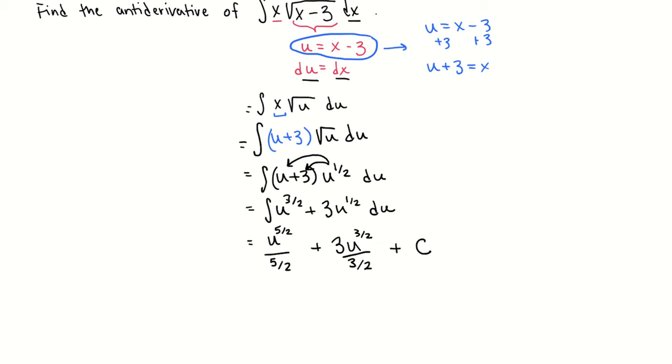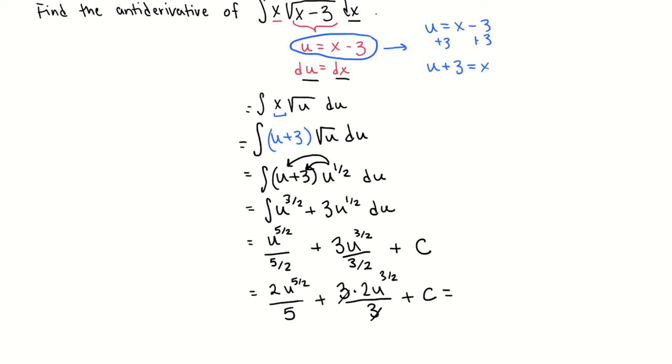We want to rewrite this so that we don't have fractions within fractions. So this would be 2u to the 5/2 over 5, when we flip the fraction, take the reciprocal of the fraction in the denominator, plus 3 times 2u to the 3/2 over 3 plus c. And then we see that these 3's here are going to cancel out in this second fraction.